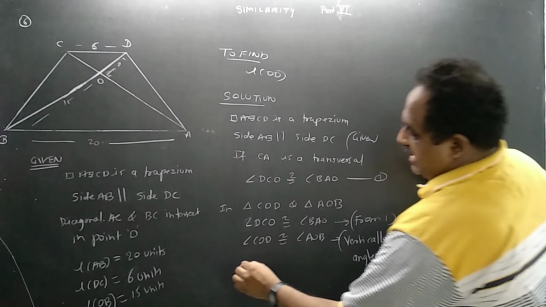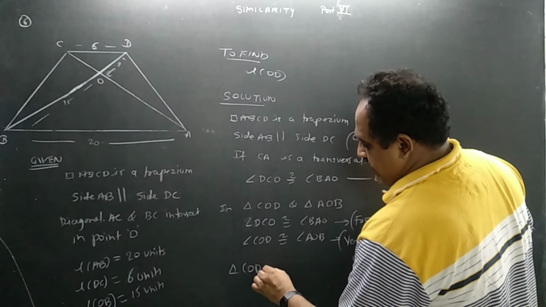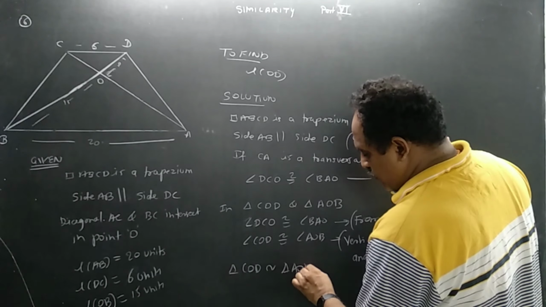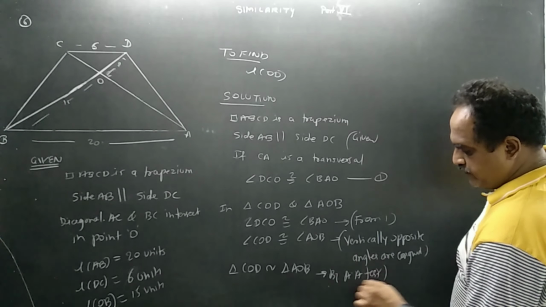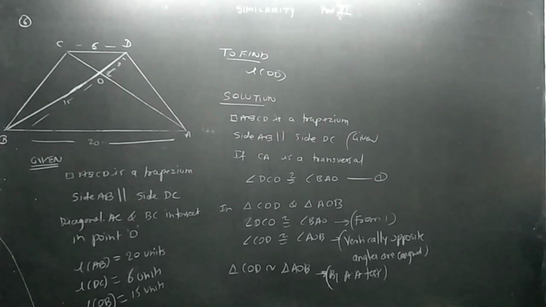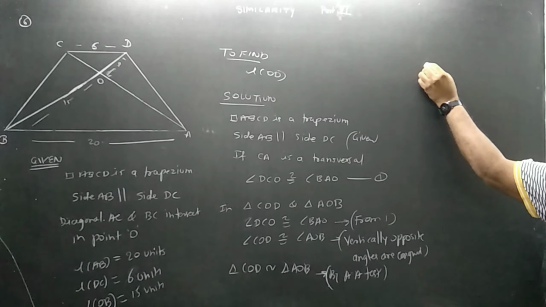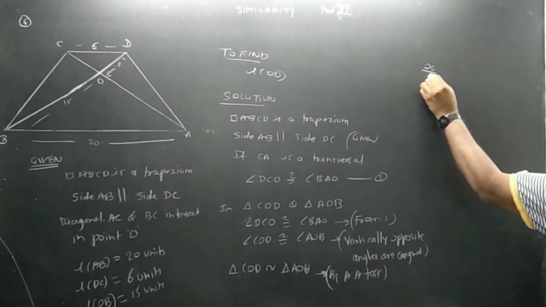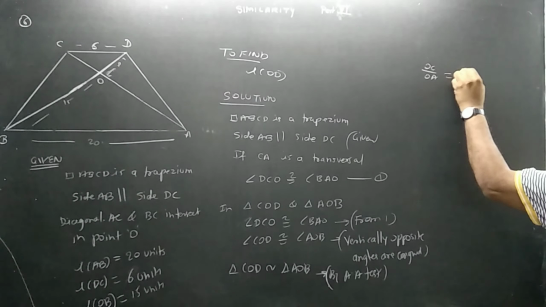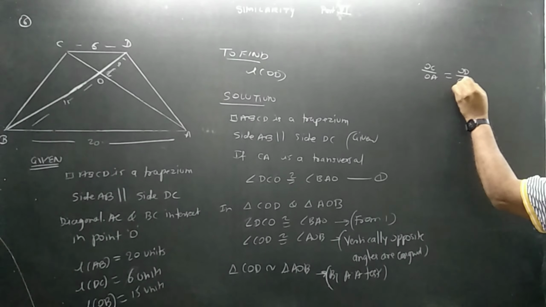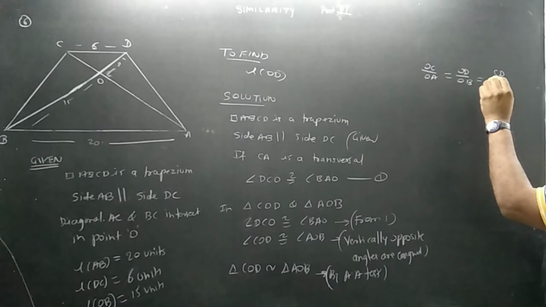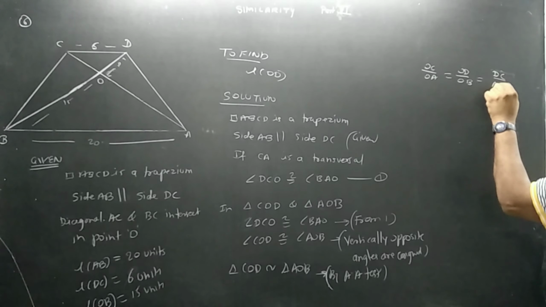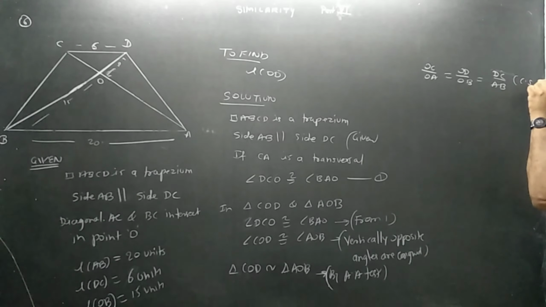So triangle COD is similar to triangle AOB by AA test of similarity. So we are going to take the corresponding sides: OC upon OA is equal to OD upon OB is equal to DC upon AB. The reason is corresponding sides of similar triangles.